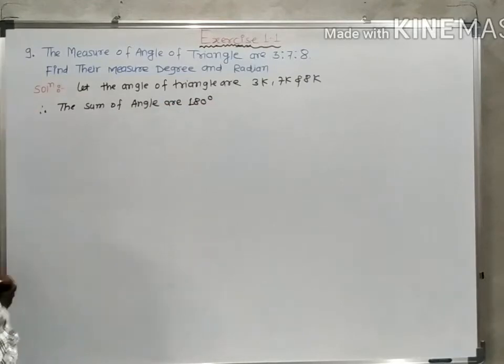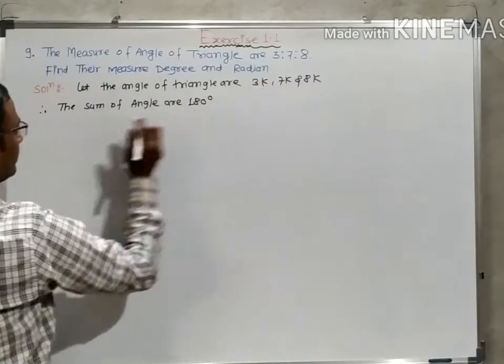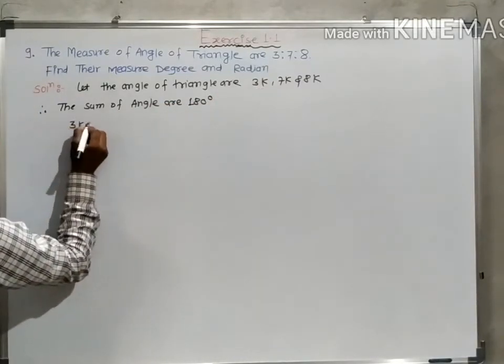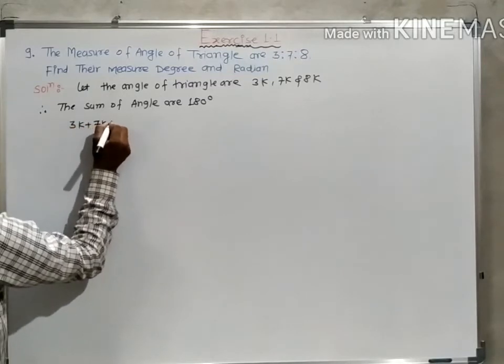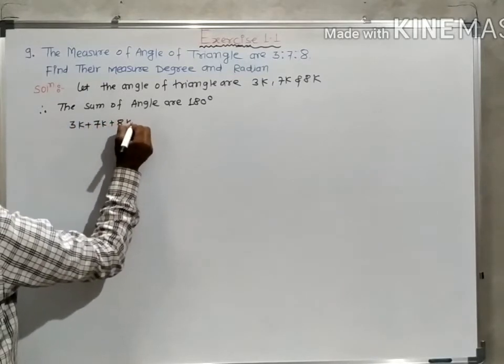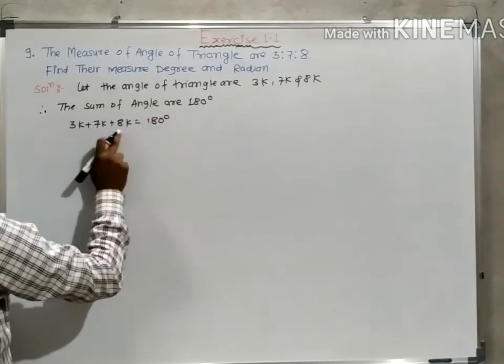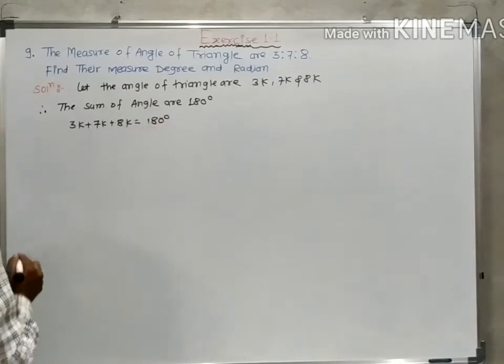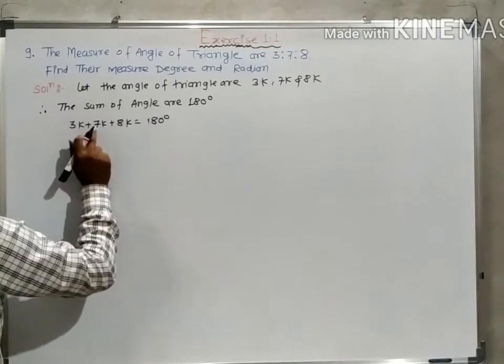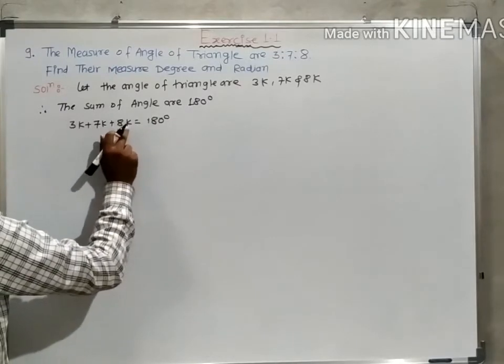Okay, so the angles are 3K plus 7K plus 8K is equal to 180 degree, since the sum of angles of a triangle is 180 degree.